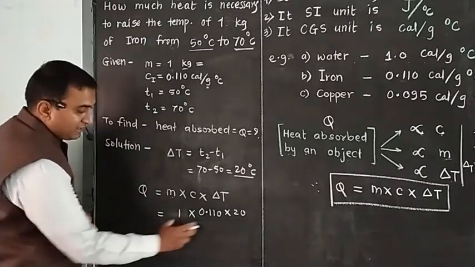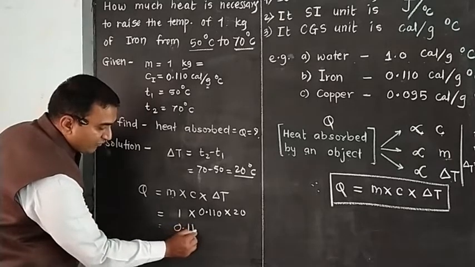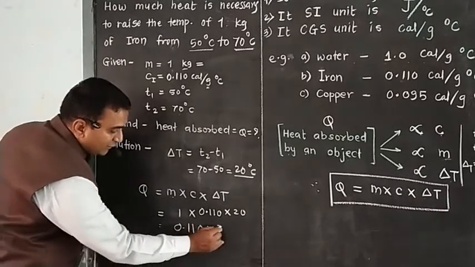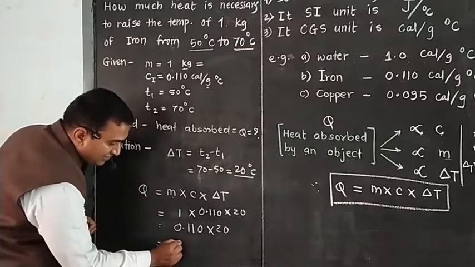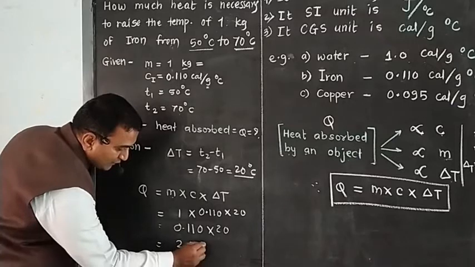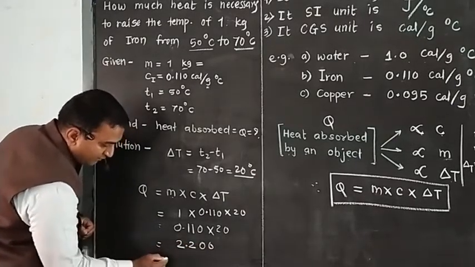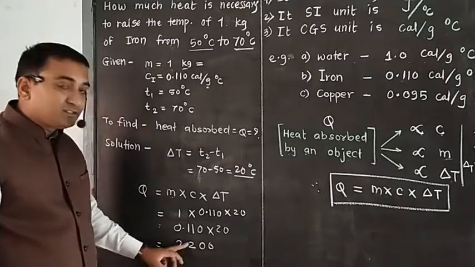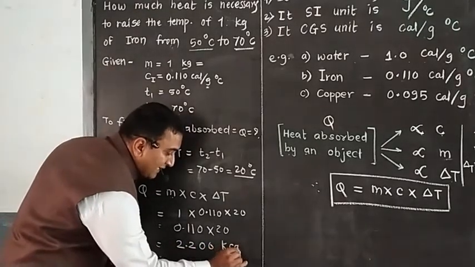The specific heat remains as it is, 0.110 times 20. And so finally we reach 2.200, but now kilocalorie will be the answer.